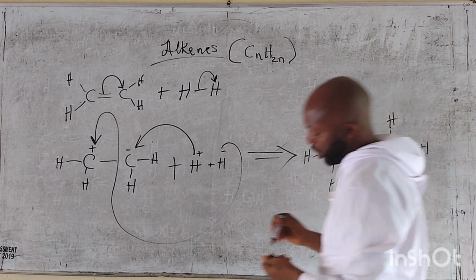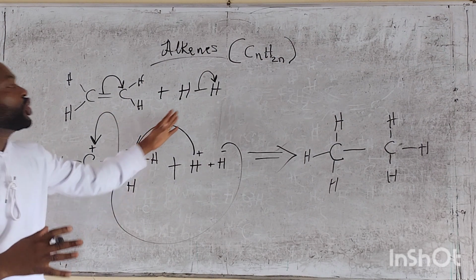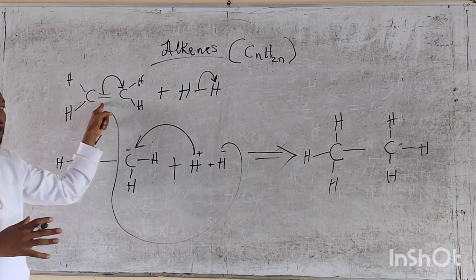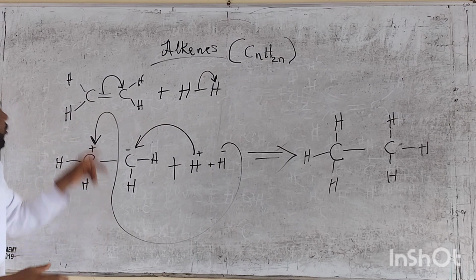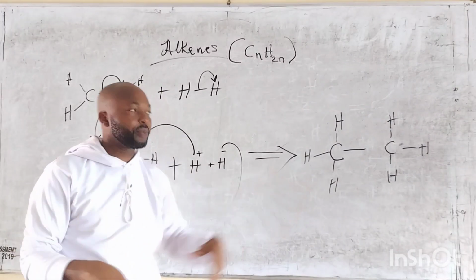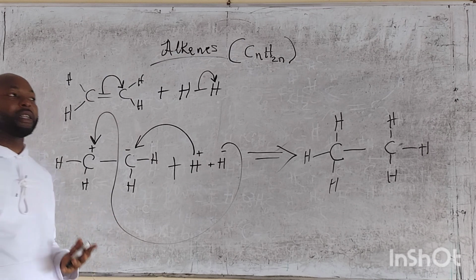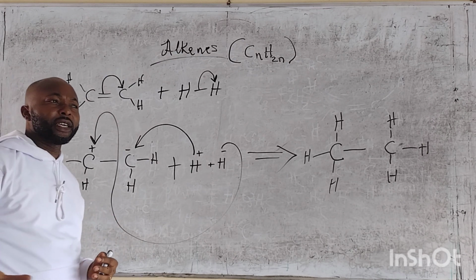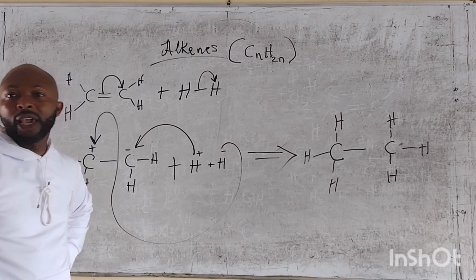And that gives us what? Ethane. So hydrogenation of alkene gives us what? An alkane. Hydrogenation of ethene gives us ethane. That is the principle. And that is natural. So at every instance, a question may come like, the hydrogenation of propene will give you what?